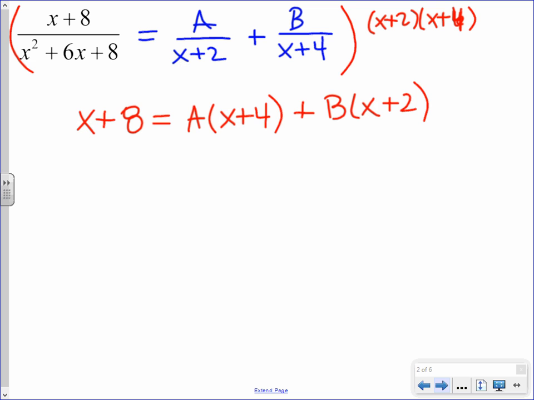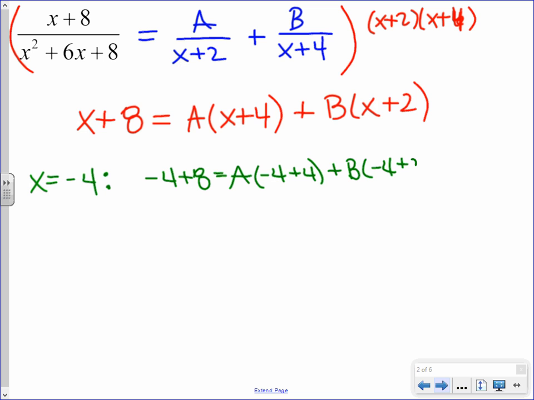So we can plug in x equals -4 into this equation, so we can figure out what B is. Okay? So what we get is -4 plus 8 equals A times -4 plus 4 plus B times -4 plus 2. Conveniently, this is 0.